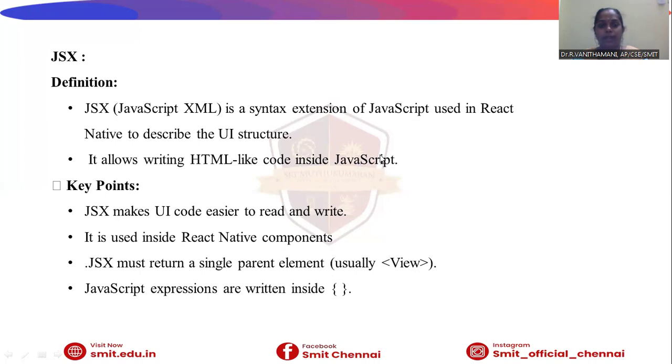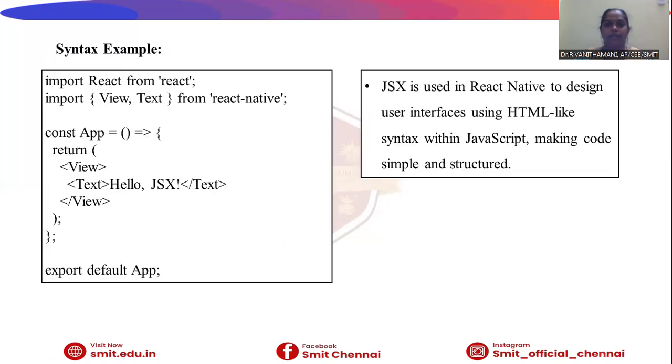JavaScript expressions can be written inside curly braces. This is an example of JSX. JSX can be used in React Native to design a user interface using HTML-like syntax within JavaScript, making the code simple and structured.